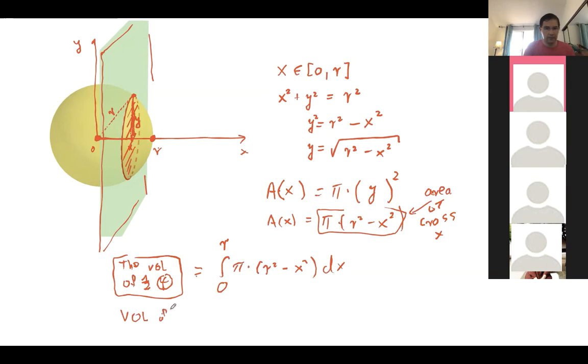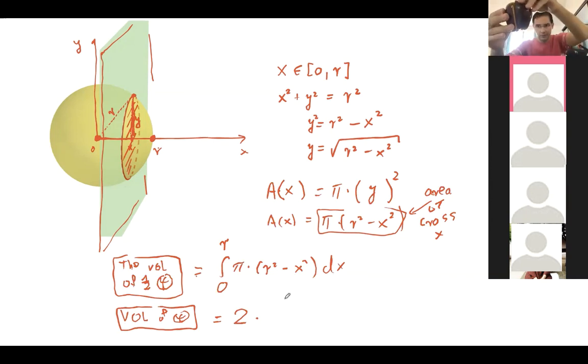Okay, so now the volume of the whole sphere, the volume of the entire apple, is equal to 2 times, and the reason why this is 2 is because on one hand we have computed the volume of half of this apple, and I have another half, and when I take them together, that will give me the volume of the whole sphere.